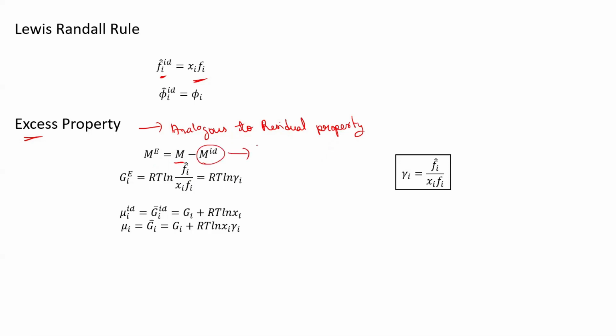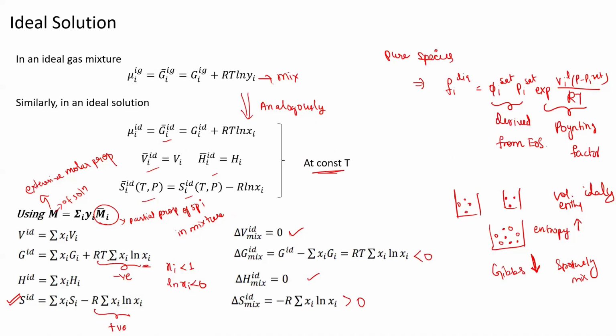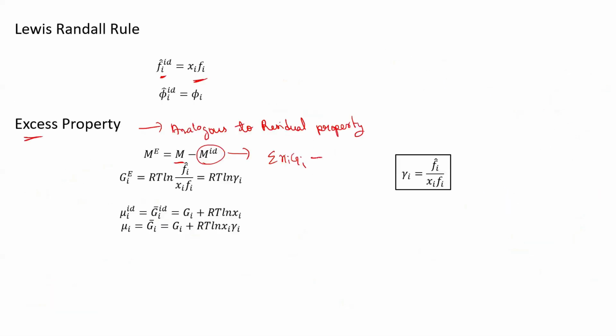This M^id we have discussed: for example, if M is the Gibbs free energy, it is the sum of xi G_i plus RT sum of xi ln xi. That is the ideal thing, but the actual value can be more than this or less than this. Based on that, we will be defining the excess property.